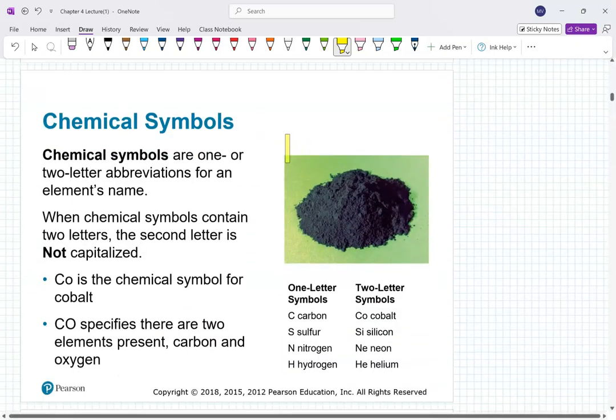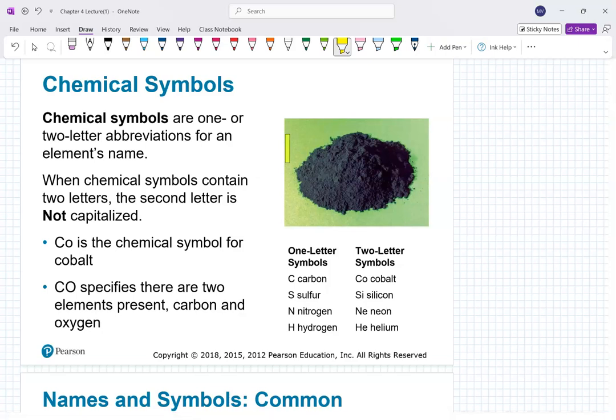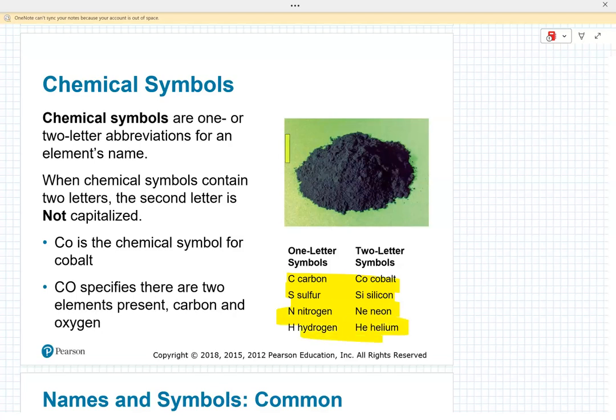Okay. So all elements have chemical symbols. Some of them make sense, some of them don't. Okay. So these are the ones that make sense. Symbols can be 1 or 2 letters, never 3. Okay. If it's a 1-letter symbol, it is capitalized. If it's a 2-letter symbol, the first letter is capitalized, the second is not.